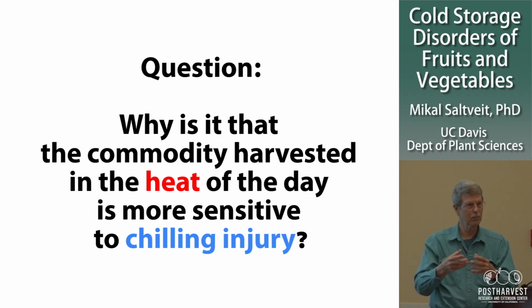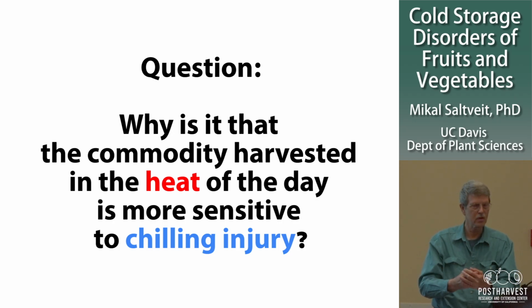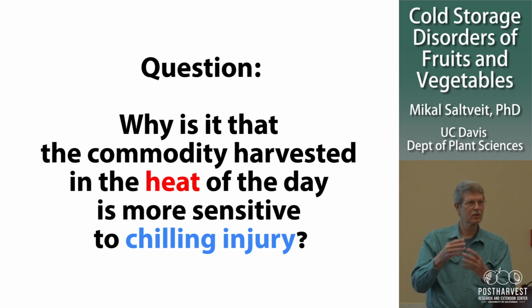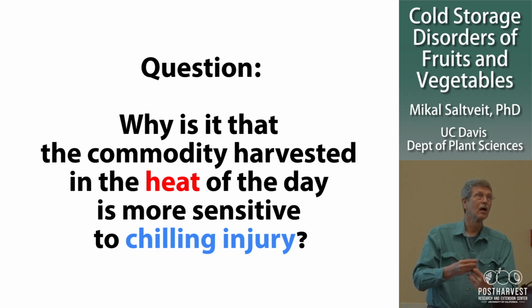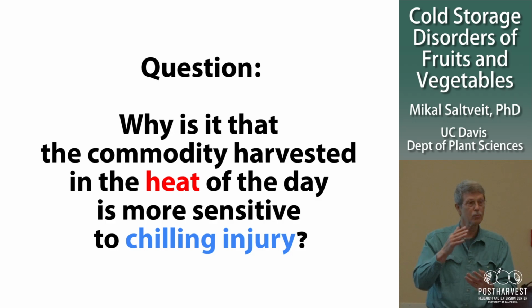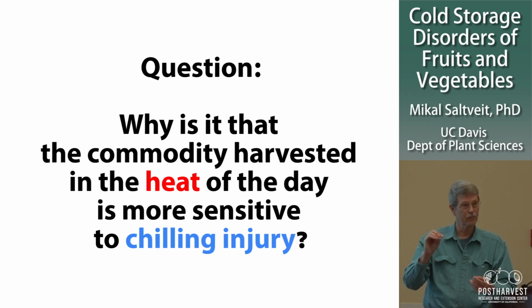They're continually being degraded and resynthesized. So if you're holding them at a high temperature, the membranes are made up of fatty acids in the phospholipids, which tend to have a higher temperature at which they solidify. So they're more chilling sensitive, okay?